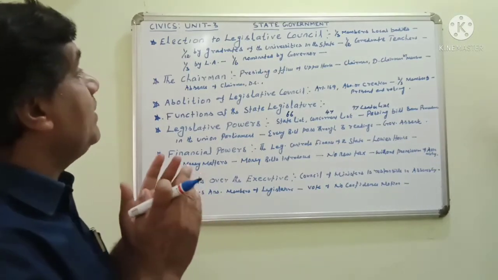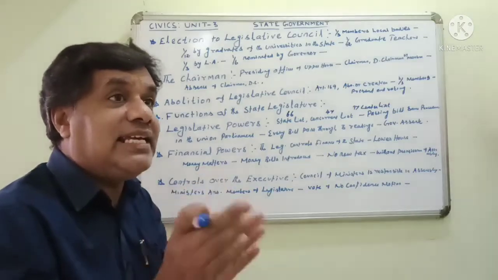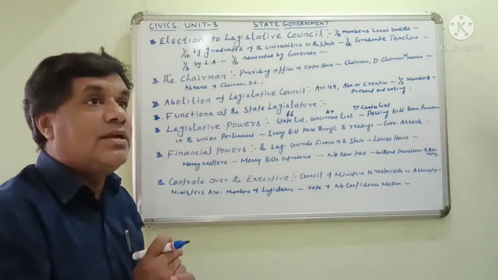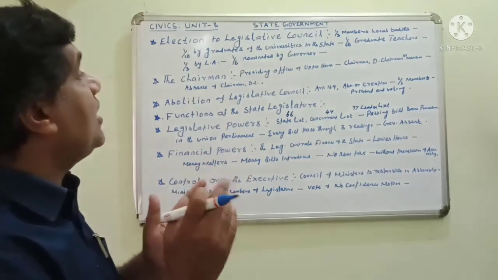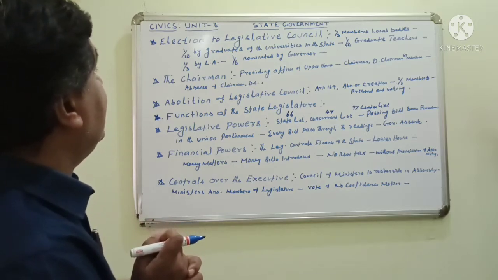And 1/6 are nominated by the governor, eminent persons in fields like literature, science, art and social services. Appointed by the governor, noted.